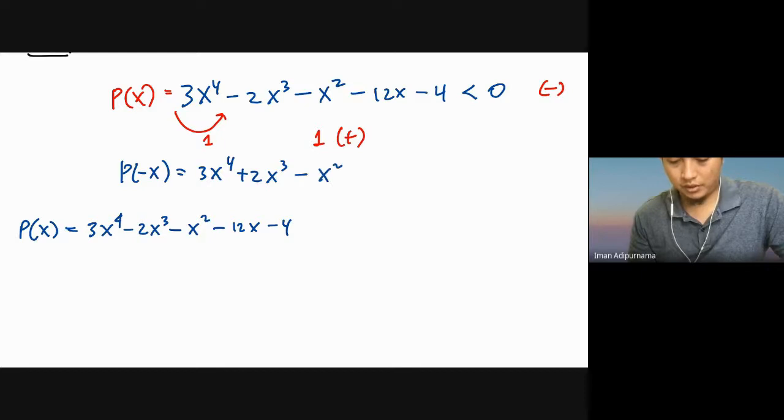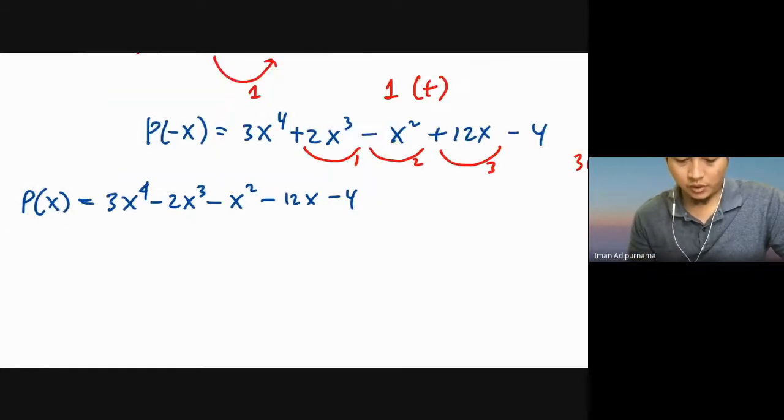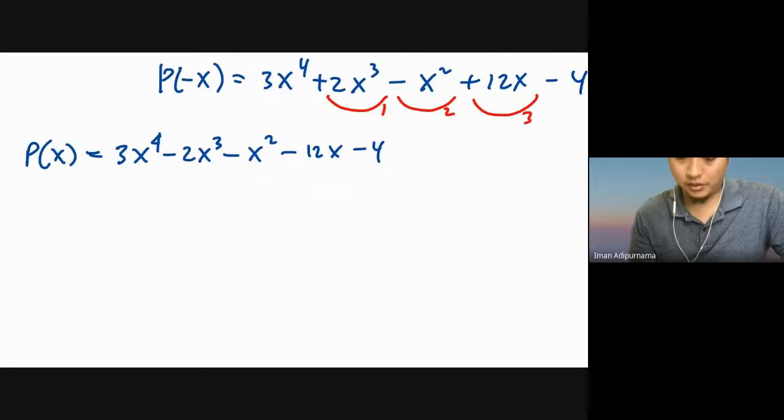Still same. This will be plus 12, this 4. And this will be 1, 2, 3. So we will have 3 negative zeros or 1 negative zero. The fact that it has only one positive zero will help us to find it.